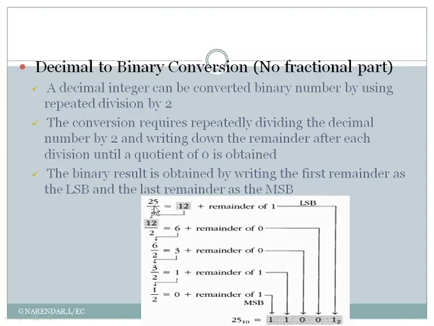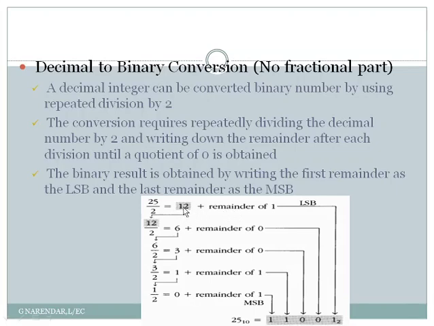First, 25 must be divided by 2, and you will get the quotient as 12 and the remainder of 1. Since 2 times 12 is 24, 12 will be the quotient and the remainder will be 1.